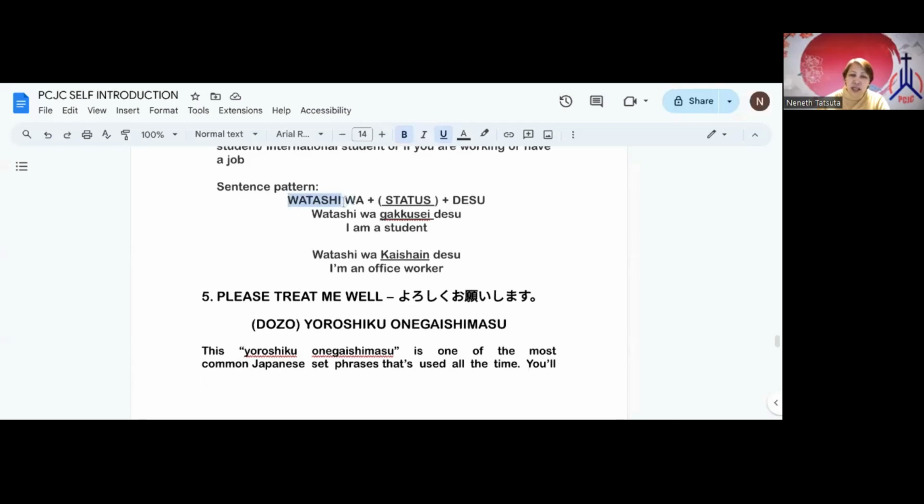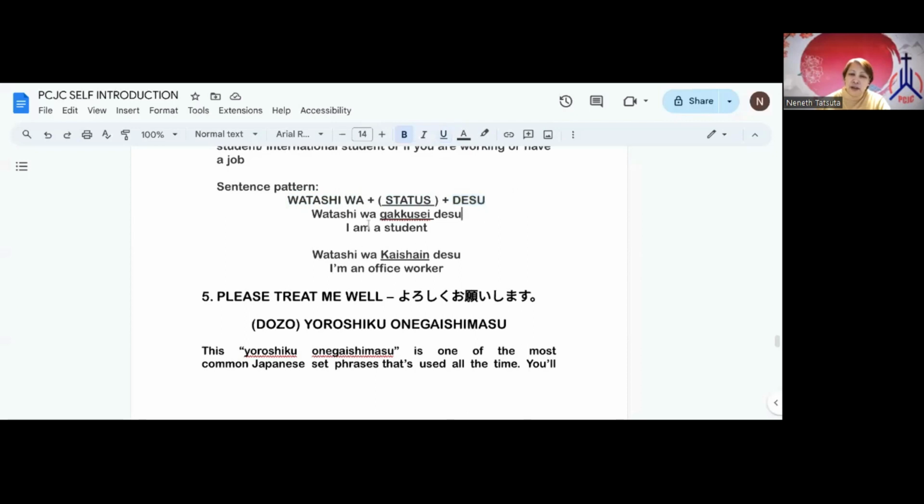The watashi means yourself. The wa is a particle that means this is the subject. I'm going to teach this later. Watashi wa, your status. And then again, the desu.